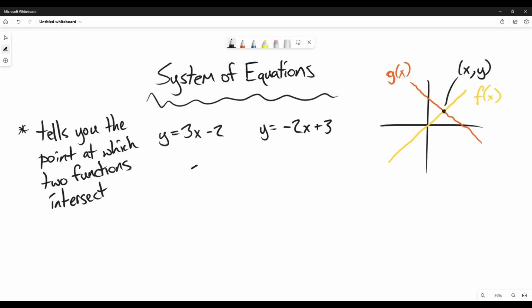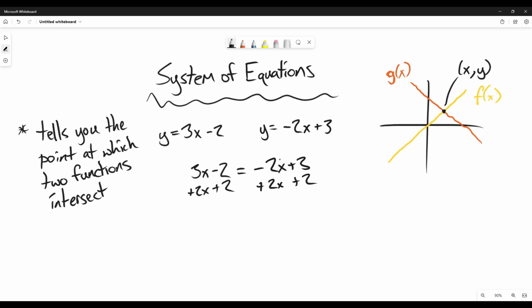So we can set 3x minus 2 equal to negative 2x plus 3. Now all we have to do is simplify and solve for x. We add 2 to this side, add 2 to this side, and add 2x to both sides.